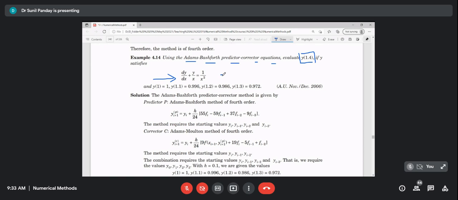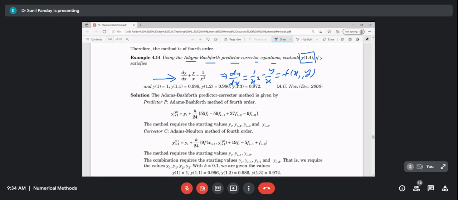So from here, first you identify what your f is. You can see that dy by dx equals 1 upon x square minus y upon x, and you assume it is f of x comma y.